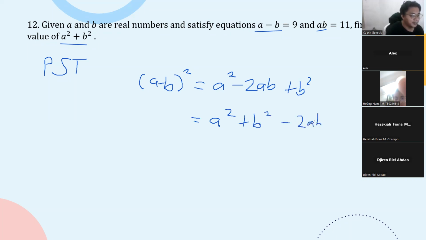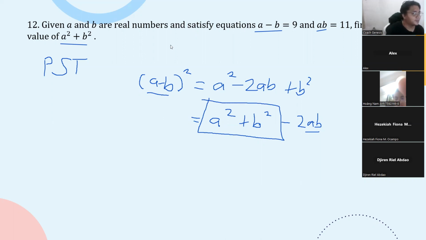As you can see, we already have a value for a minus b and a value for ab, and we just need to substitute in order to get a squared plus b squared. Okay, so let's go over the solution.